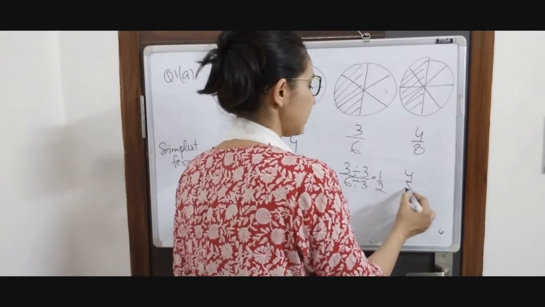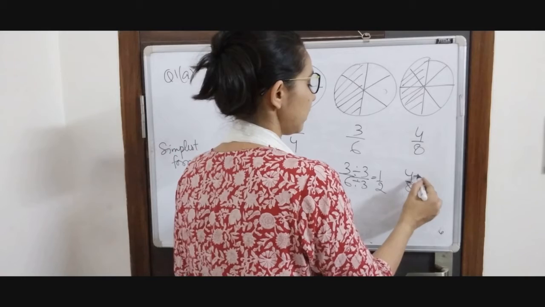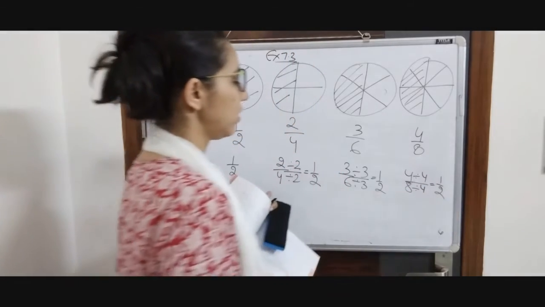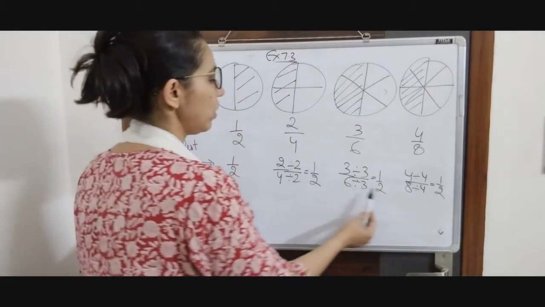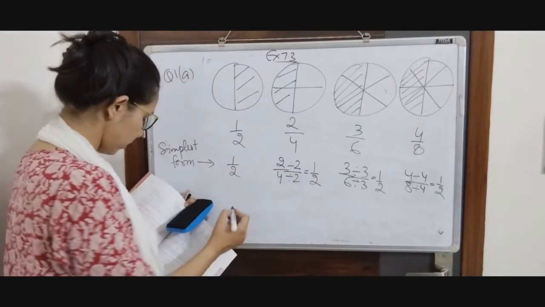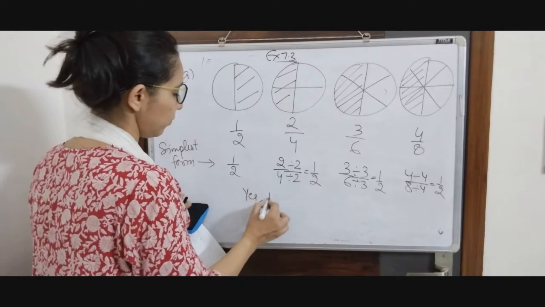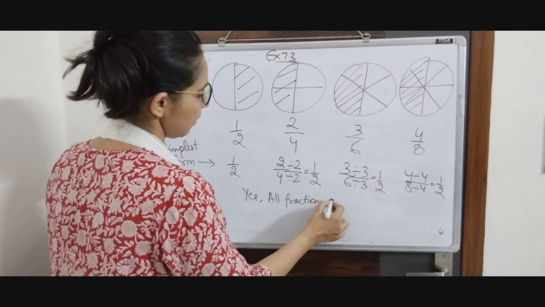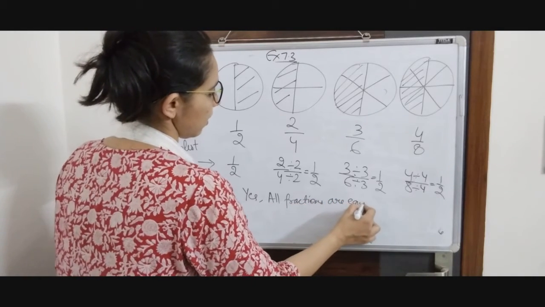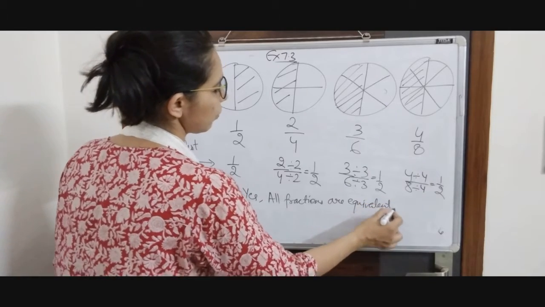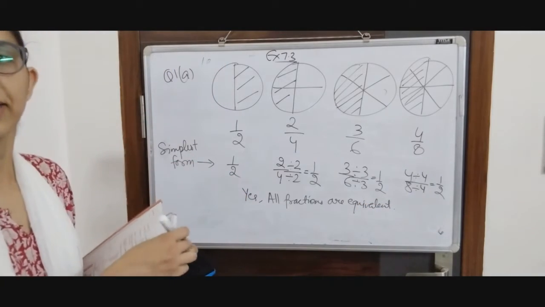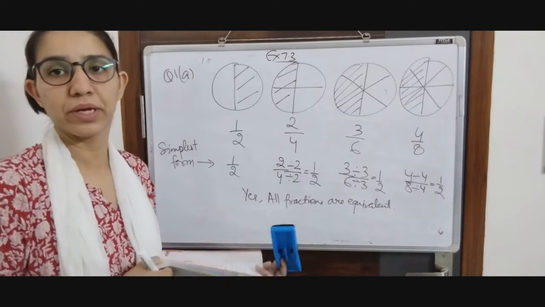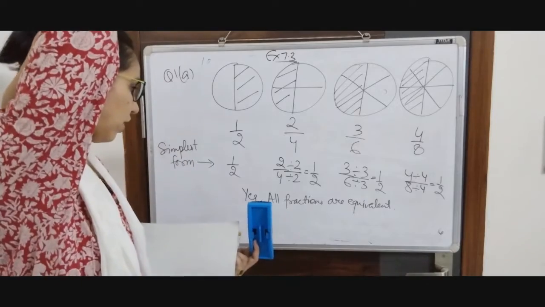And here 4 by 8, the HCF is 4, so we get 1 by 2. You can find it out by the HCF method, okay. So in simplest form, all four fractions are the same. So you will write: yes, all fractions are equivalent. What do you need to do? You first need to find the fraction representing the figure, and then find the fractions in simplest form, because only then can you compare them. Okay, so this is how we are going to do it.